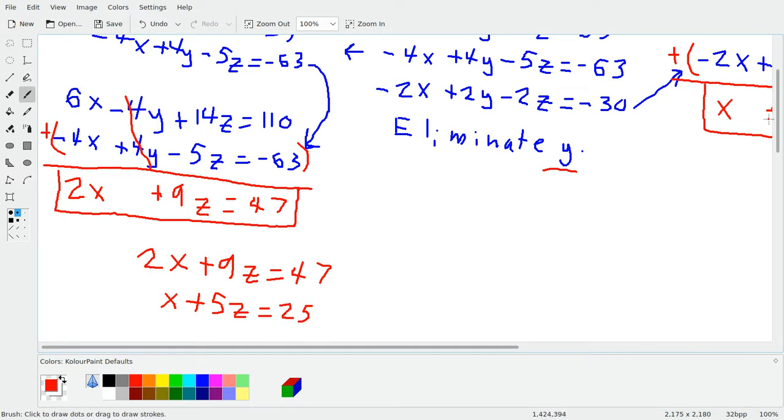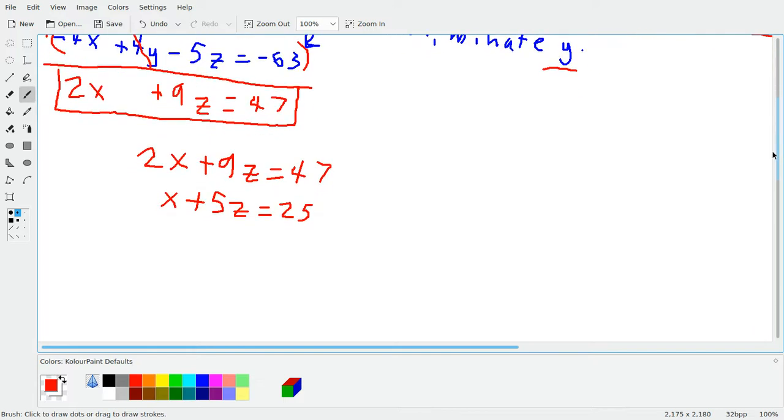This looks like older stuff that you already know how to do. We want to choose a variable to eliminate here because 1x does go into 2x. X would be your best choice to eliminate.